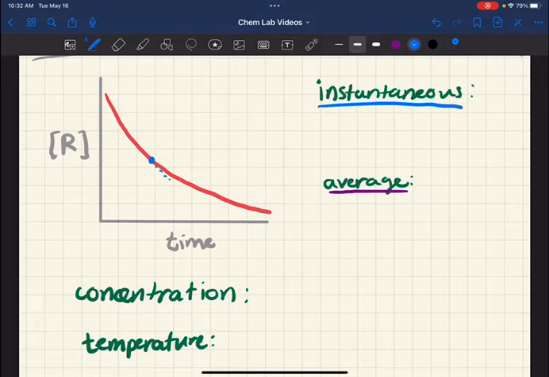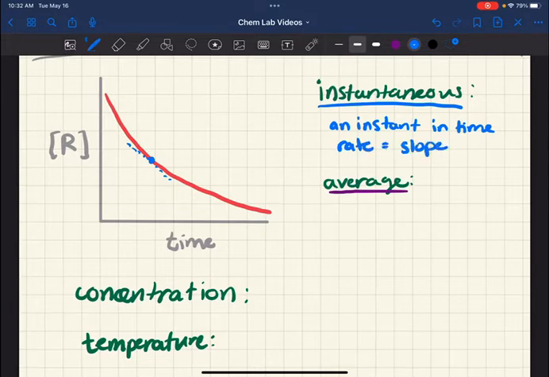We could take a tangent line at that point and determine the slope of that tangent line. So it's an instant in time you can think about. The rate is the slope of the tangent line on that graph, or we could say the derivative.